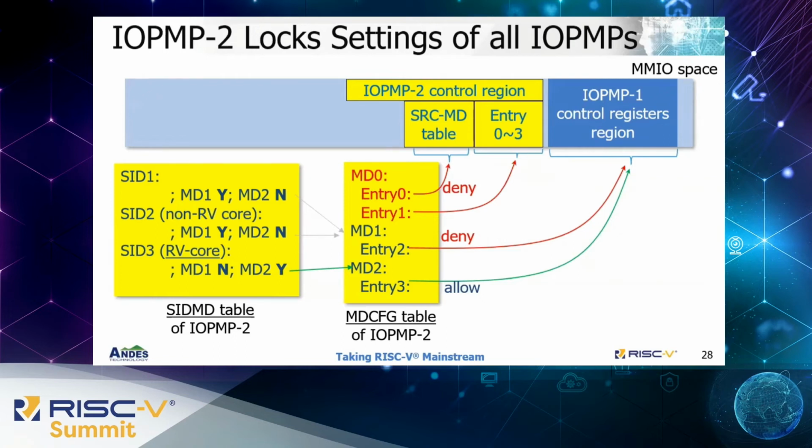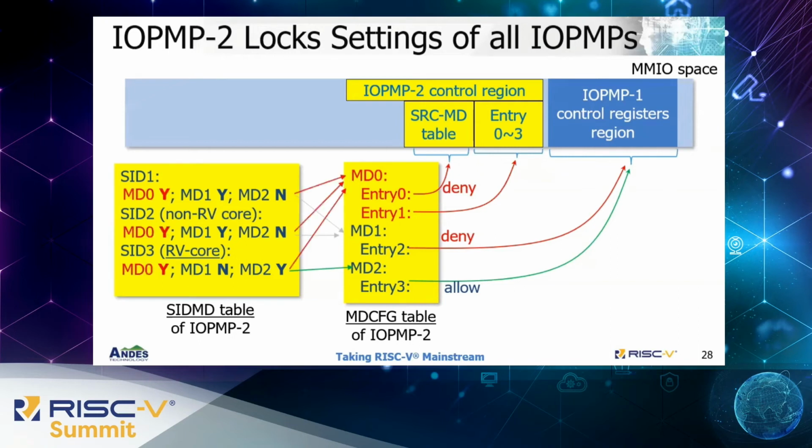Then we should properly initialize the SRC MD table, because we won't be able to change it afterward. It includes the setting which allows only SID3 to control IOPMP1. After all settings, associate every SID with MD0.